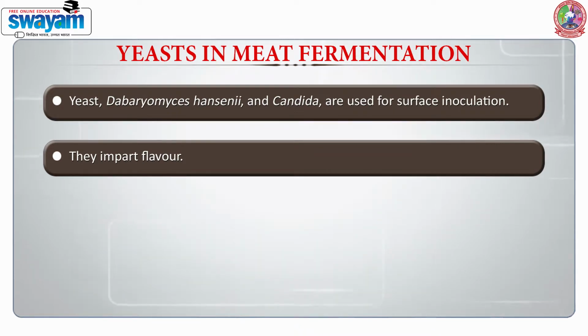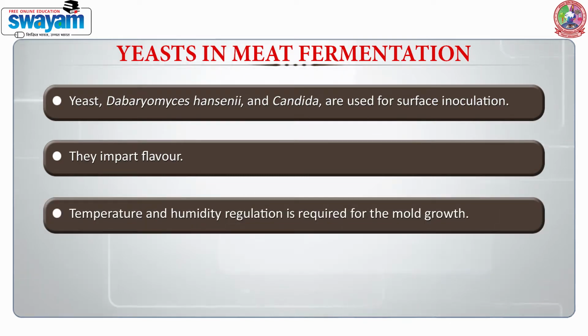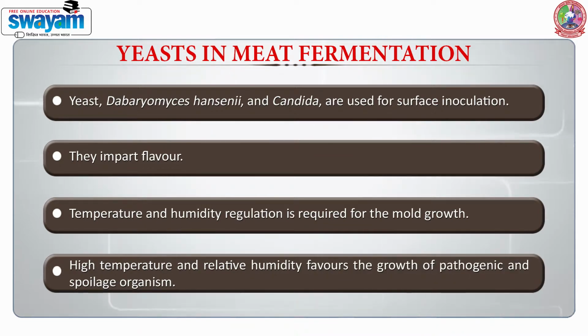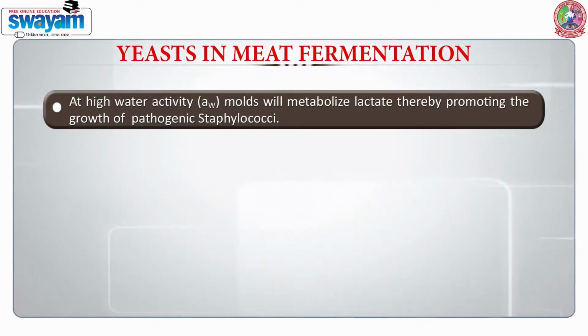There are certain physical parameters, like temperature and humidity, which need to be regulated for the optimum growth of the mold. A high temperature and relative humidity favors the growth of pathogenic and spoilage microorganisms. At high water activity, the molds will metabolize the lactate, and therefore they will promote the growth of pathogenic organisms like Staphylococci.